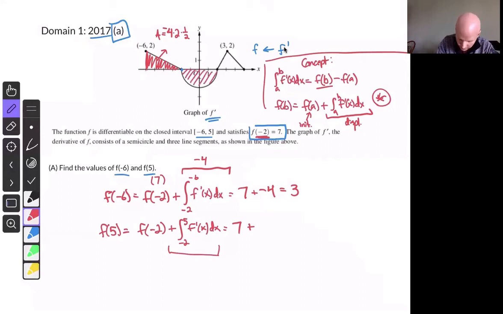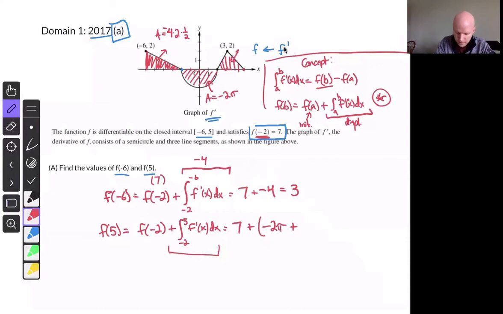And then that's 3, 4, 5. 5 is right there. So we got this triangle right there. My circle has a radius of 2 and is below the x-axis going forward, so it's going to have a negative area. That negative area will work out to be something like, let's see, 4 pi divided by 2, so -2 pi. It's a semicircle, so I'm doing the area of the whole circle divided by 2, then putting a negative on it. And then I'm adding in this area of the triangle.